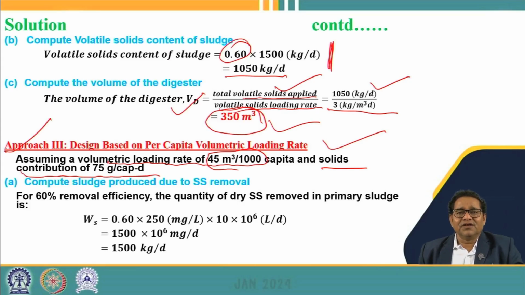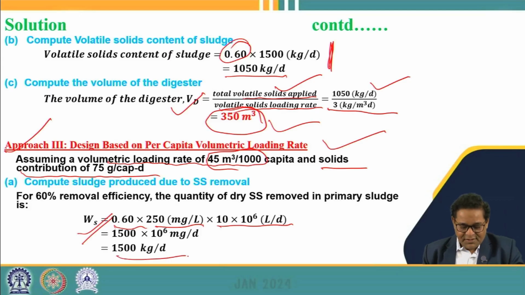Using this we can find out how much population will be generating this much total solids. First, we have to find the total amount of solids generated. We use the same formula, 60% of the total suspended solids multiplied by the flow rate.